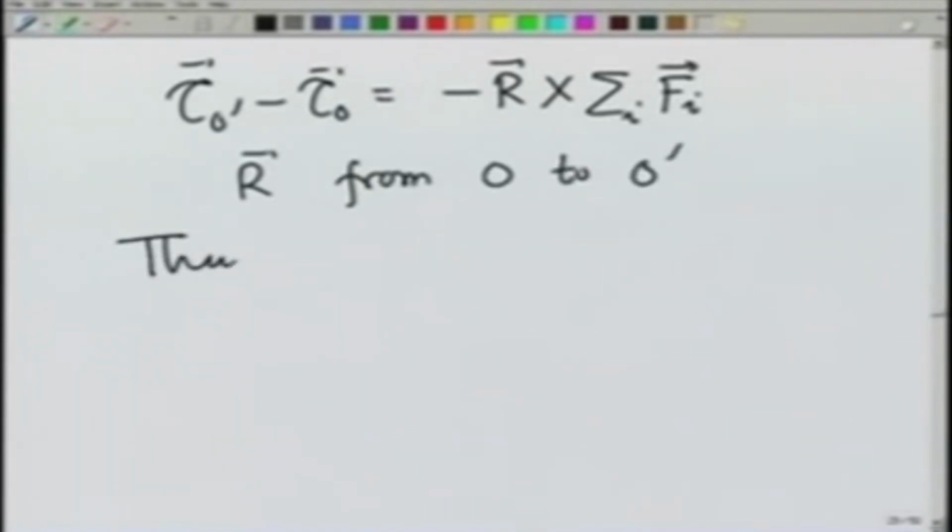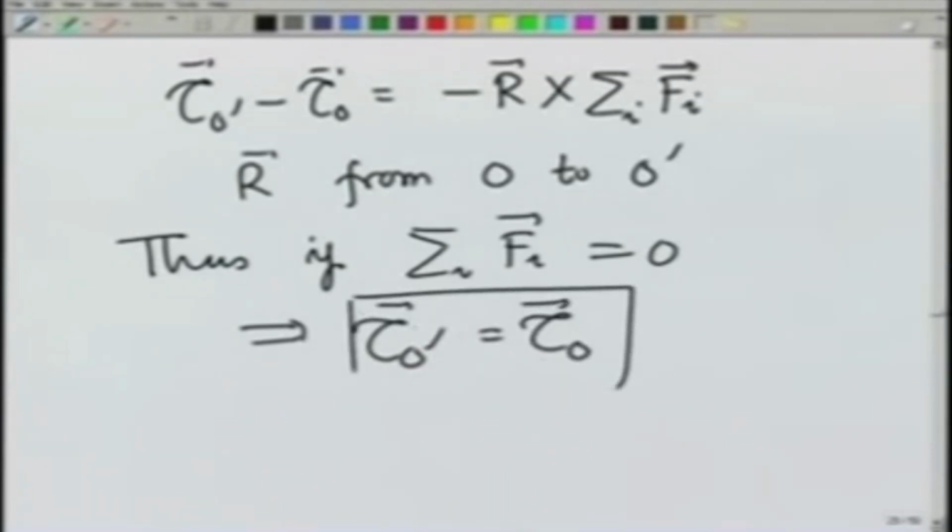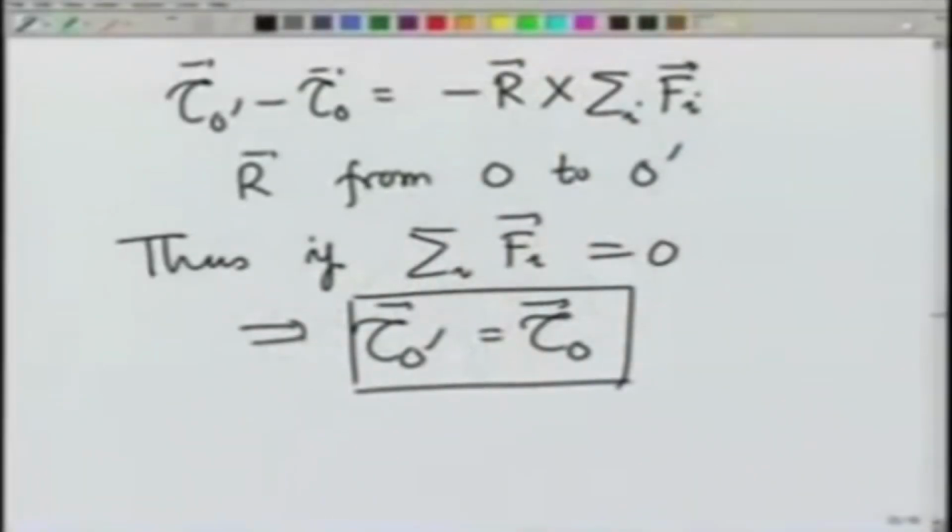Thus, if the total force summation F_i is equal to 0, this implies tau O prime is going to be equal to tau O. The torque becomes independent of the origin because I took O and O prime arbitrarily. This is what I promised you earlier. I will show that if the total force on a system is 0, then the torque is independent of the origin. No matter about which point I take the torque, it will always come out to be the same.